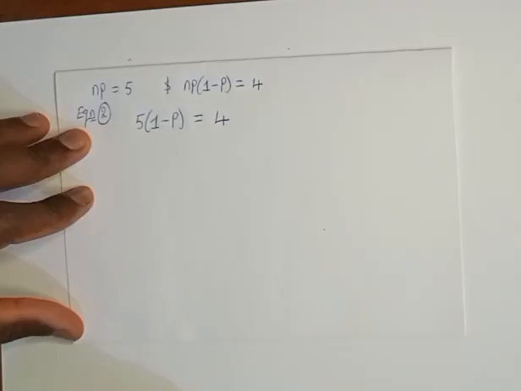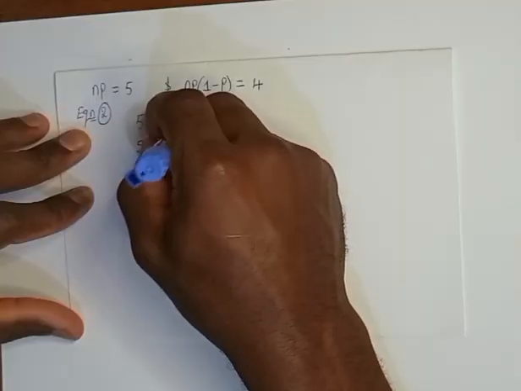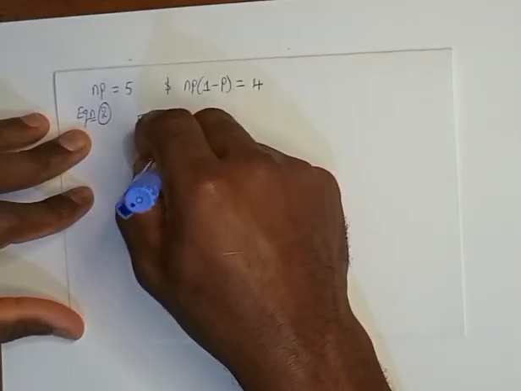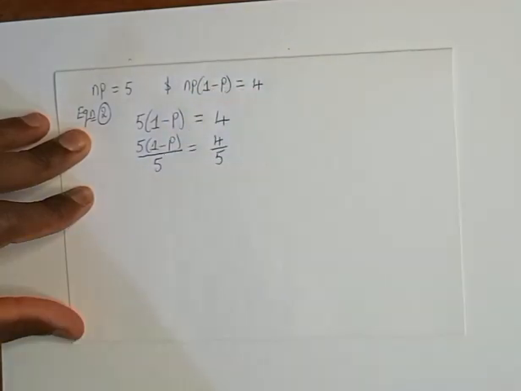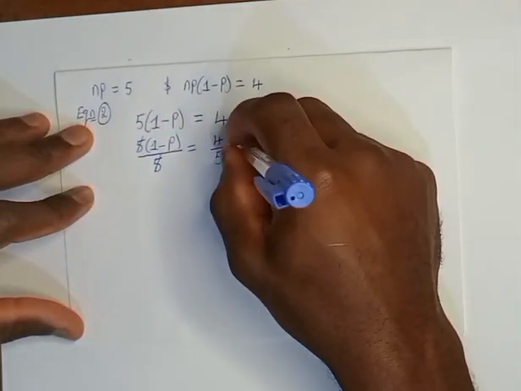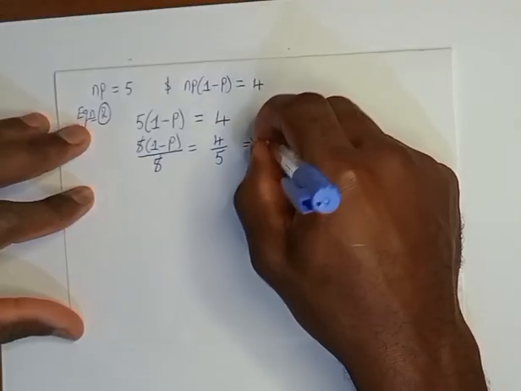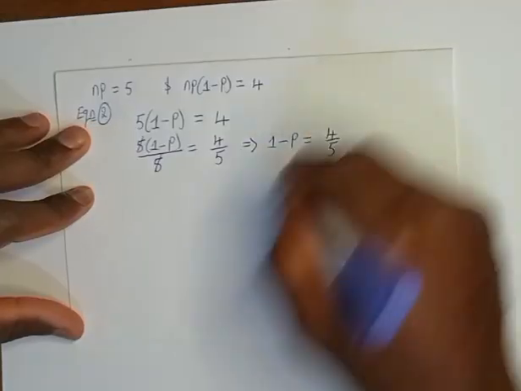Next step, we are going to divide both sides by 5. 5 times 1 minus p, divided by 5, will be equal to 4 all over 5. On the left hand side, 5 cancels 5. Then this will give us 1 minus p equal to 4 fifths.